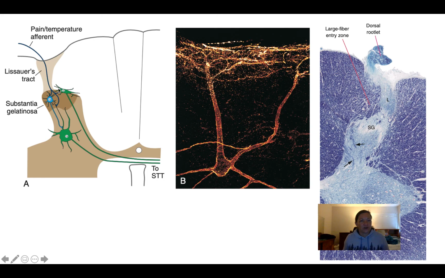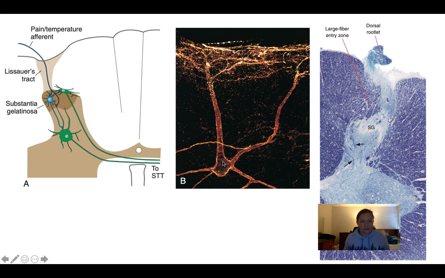and then they will interact with a second order sensory neuron that resides in that dorsal horn and gives rise to the spinothalamic tract by traveling through the anterior commissure. This is a histological stain of a single spinothalamic tract neuron, and you can see it happens to reside deeper in the dorsal horn.